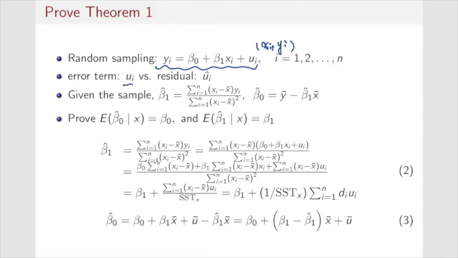Notice the difference between the error term ui and the residual ui hat. The error term ui is from the population model. It contains unobservable factors that affect yi, but the residual ui hat is the difference between the observation yi and the fitted value yi hat.